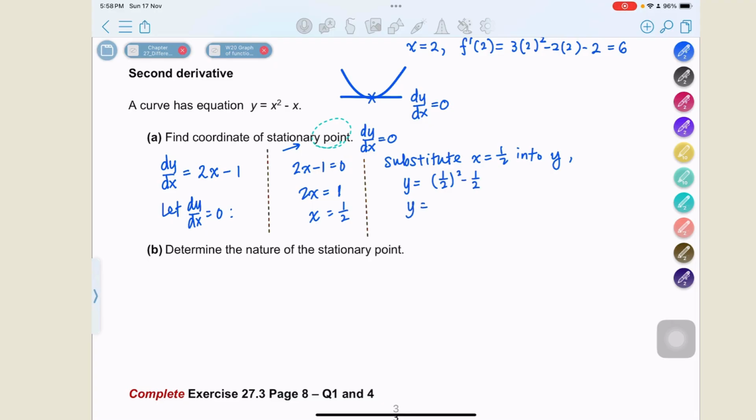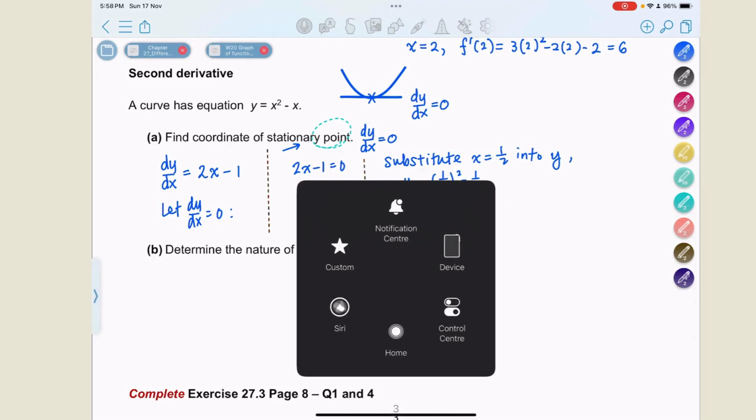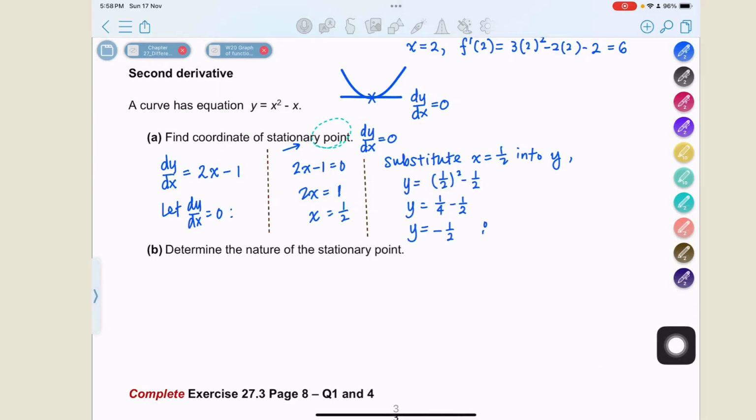From here, I get 1 over 4 minus half. So my y equals negative 1 over 2. So I can conclude that my stationary point is half and negative 1 over 2.